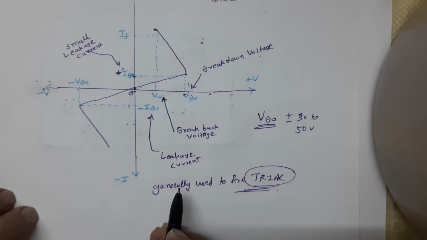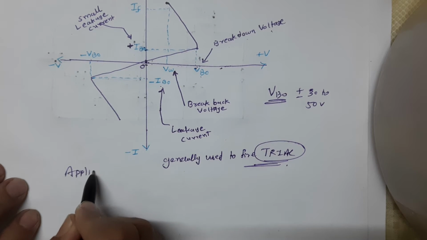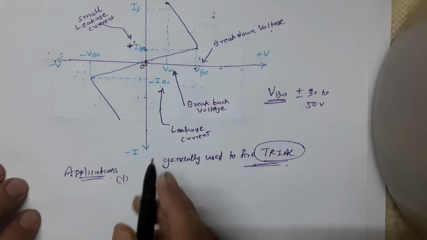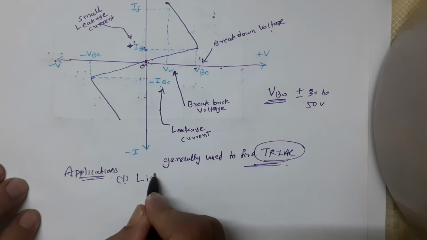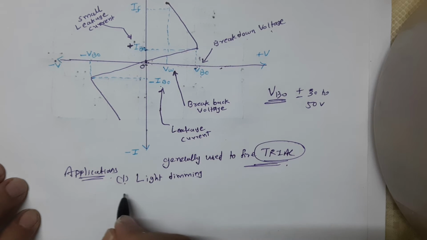Some of the circuit applications of diacs are light dimming and heat control applications. First application, light dimming. Second, heat control.